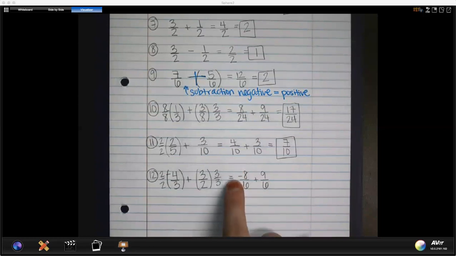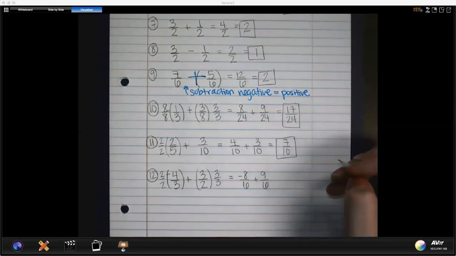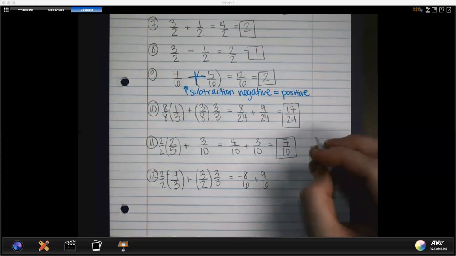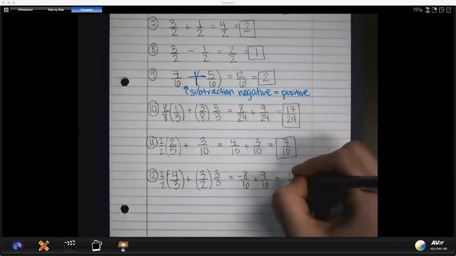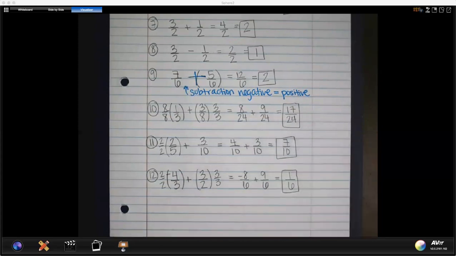So that's -8 plus 9, which results in a value of 1. So our answer should be 1/6. -8 plus 9, they're opposite signs, so we find the difference, which is 1. All good.